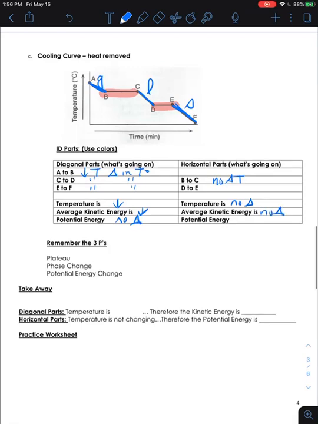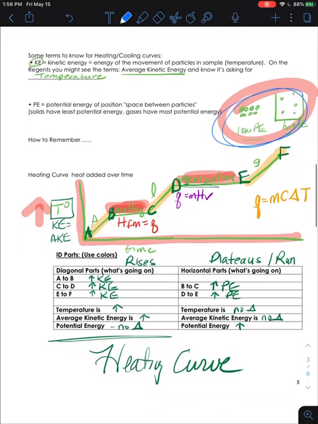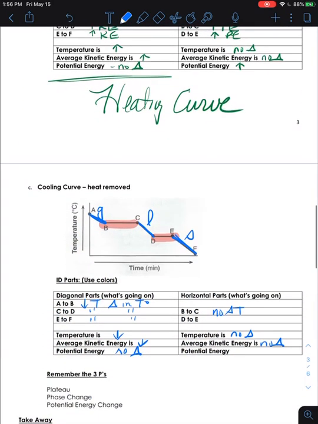Now remember back to what we said about spacing. This has the highest potential energy. That's why this is a little bit higher than that. So as we go from a gas, which has high potential energy, to a lower potential energy, the potential energy is decreasing.